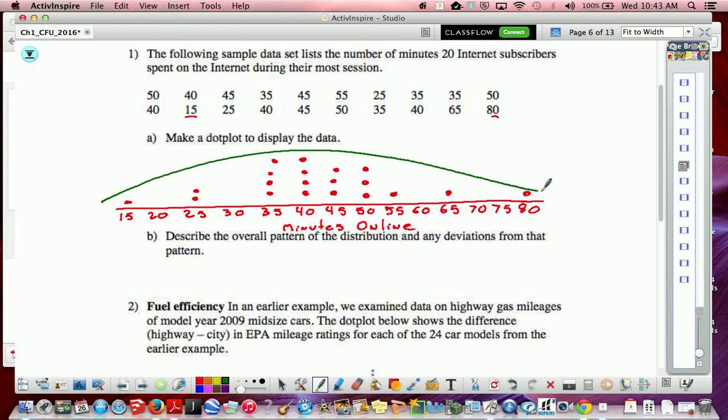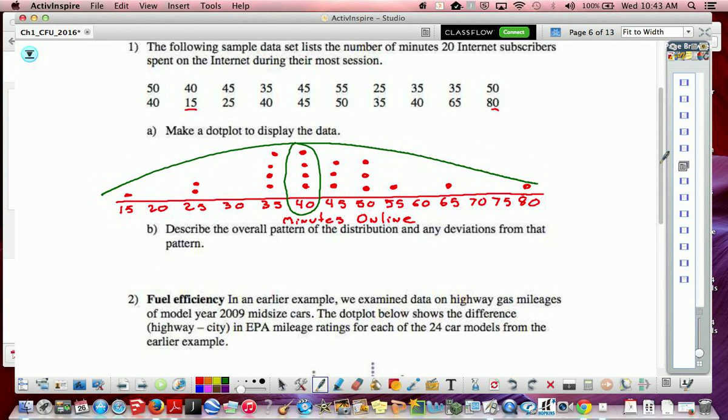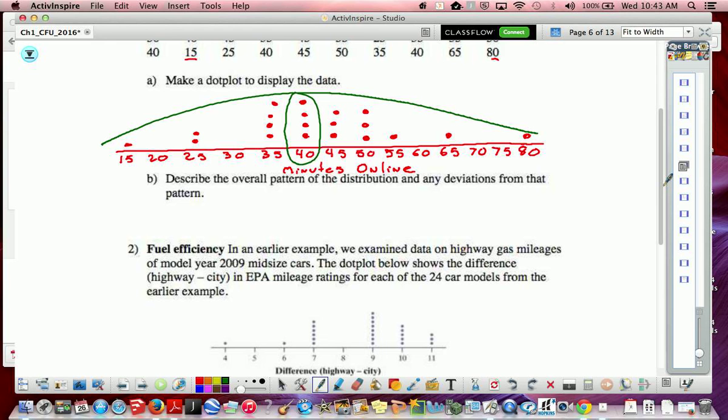It looks like it's fairly balanced. When we're looking at the pattern, we would say fairly symmetric. The left side and the right side kind of look like each other. And it looks like the middle is right around 40 minutes, or the center. So I'm just going to note that.